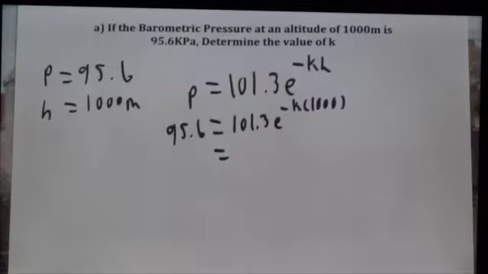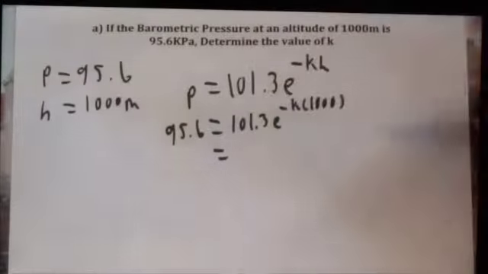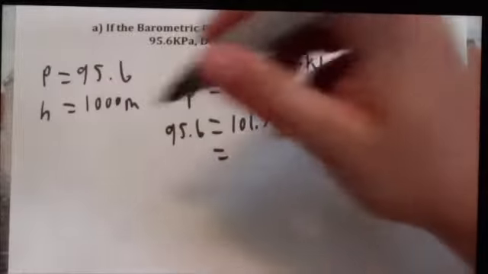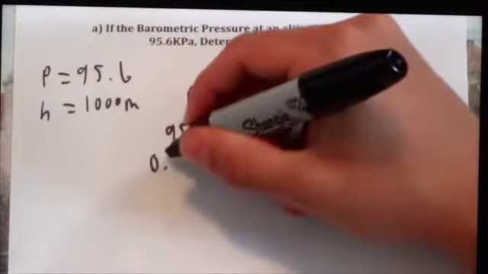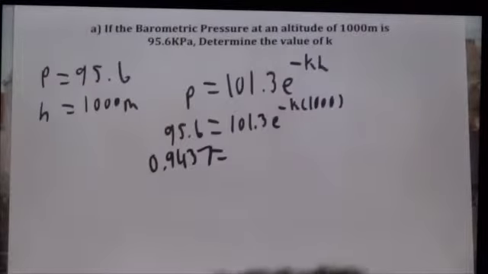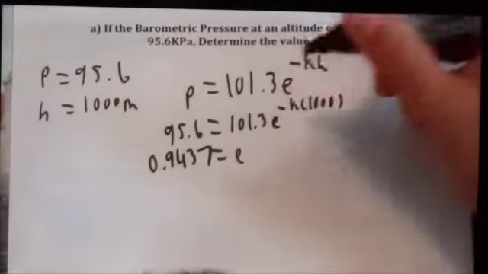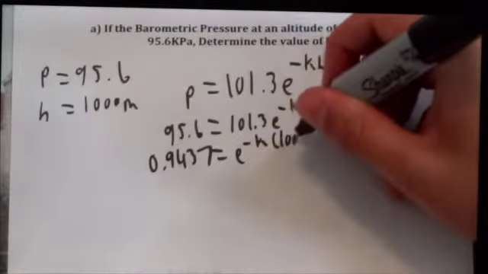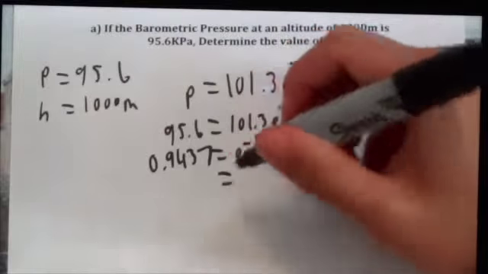Then divide both sides by 101.3. So if we divide 95.6 by 101.3, we get 0.9437 on one side, and e to the negative k times 1,000 on the other side.